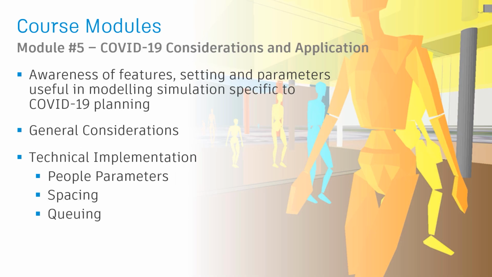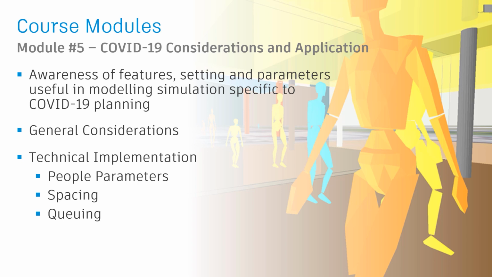And then the last module, module 5, is regarding COVID-19 considerations. So what we will do is we'll try to make you aware of the features that are available inside mobility simulation that might help us when we're creating networks to plan around COVID-19.